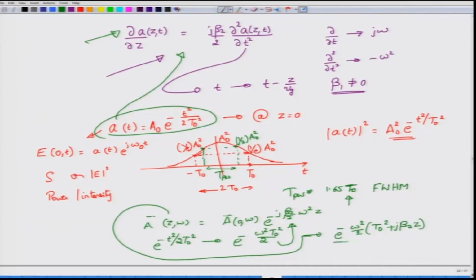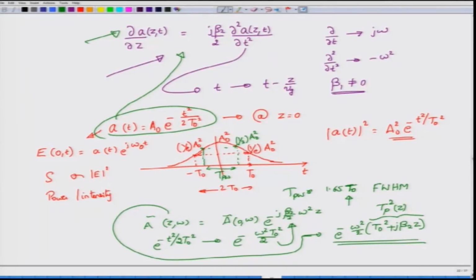So, this is the pulse Fourier transform after it has propagated a distance of z. Now, if I take the inverse Fourier transform of this, I have to treat this entire T 0 square plus j beta 2 z as some T p square of z, and of course, I know that this T p square of z is going to be complex because there is a j term and a beta 2 term.